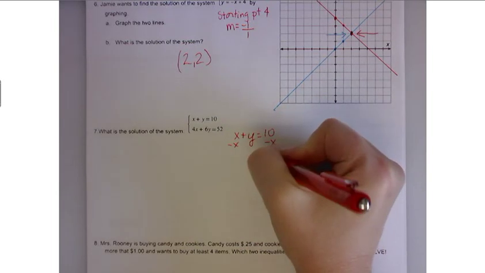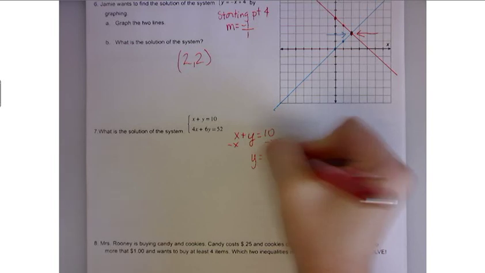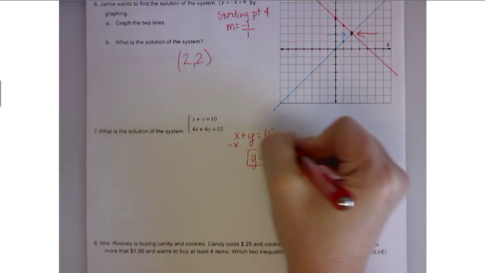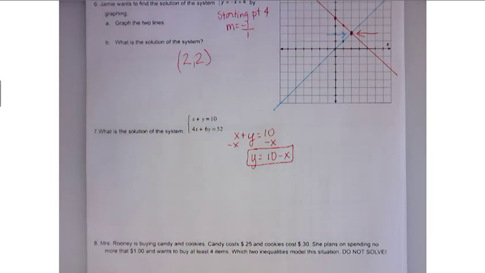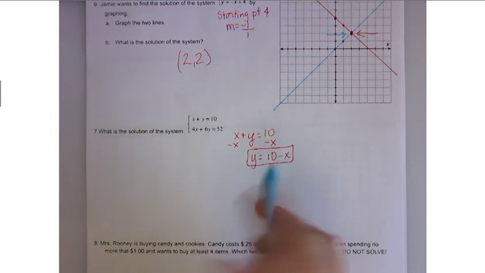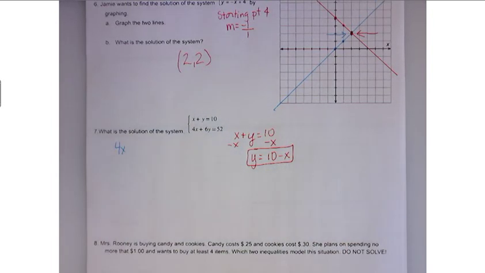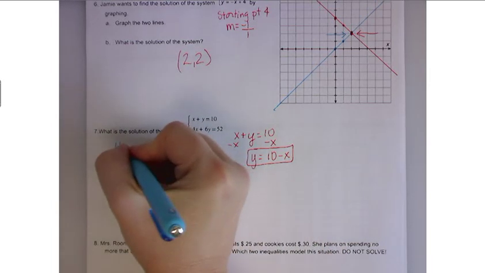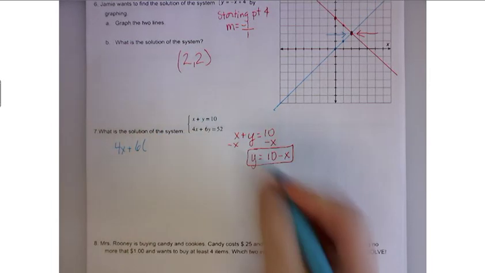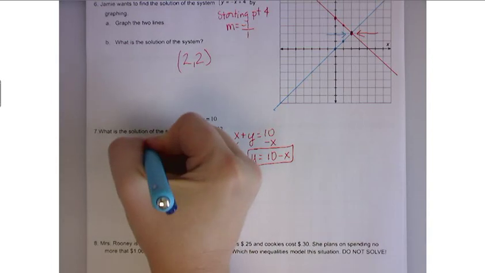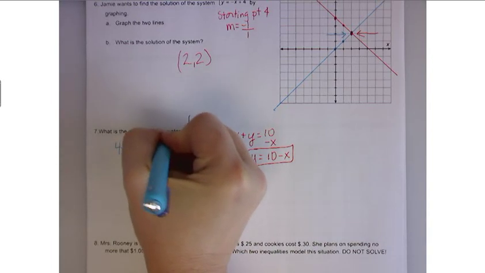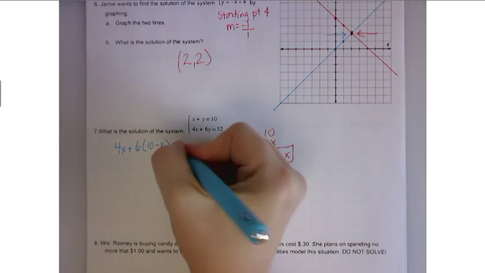Y equals 10 minus x. So I know in this second equation I can substitute that y in. So I'm going to go 4x, is still on there, plus 6 times, because it's y equals 10 minus x, equals 52.